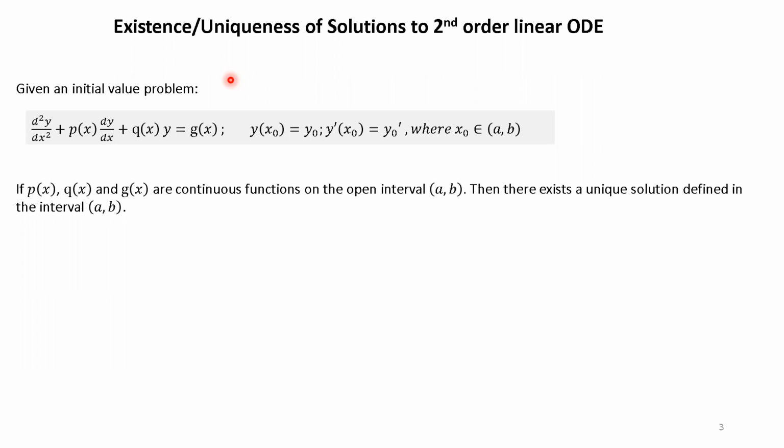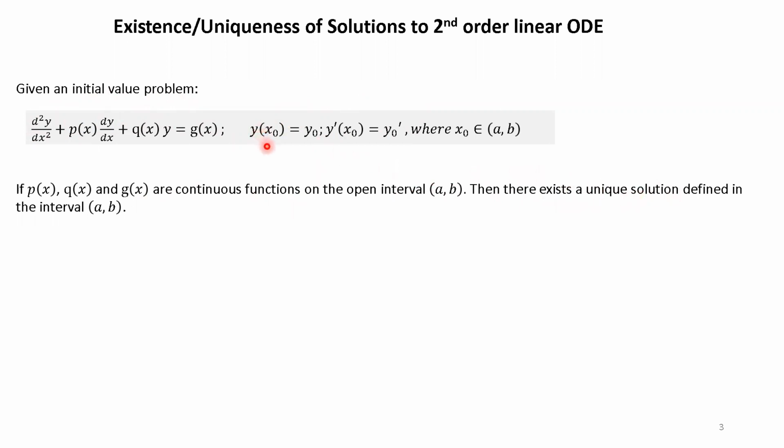Remember what I just told you: the general solution is the solution with the constant c undetermined, and the solution is what you get after you determine the constant c from the initial condition. So if I consider this problem, with this second order linear ODE and with the initial condition specified, and also all these functions are continuous, then there will be a unique solution.